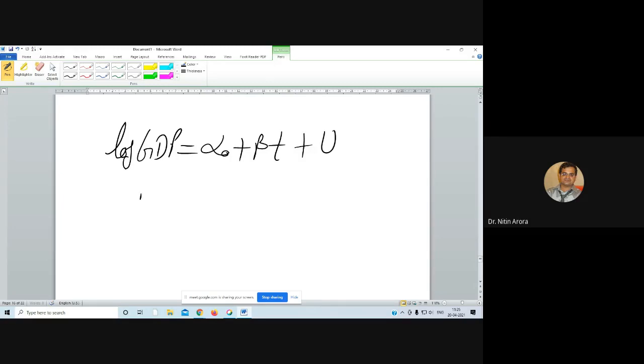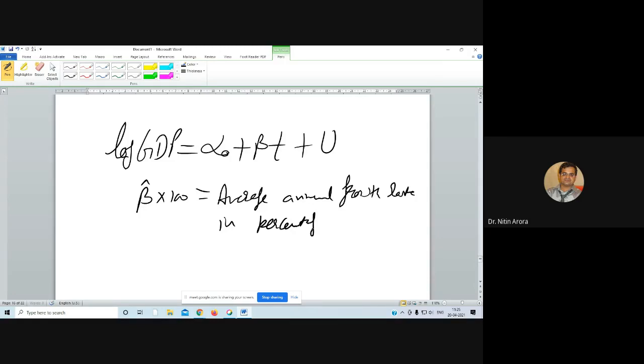Now beta cap will be my average annual growth rate. If I multiply this by 100, then beta cap can be written as average annual growth rate in percentage.